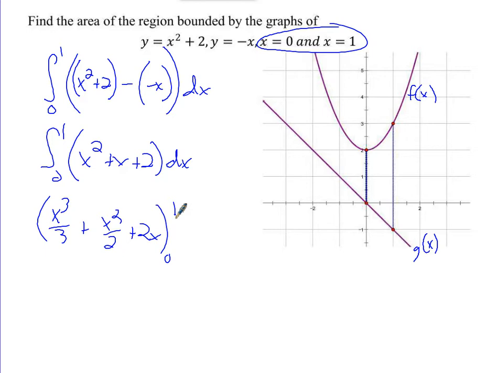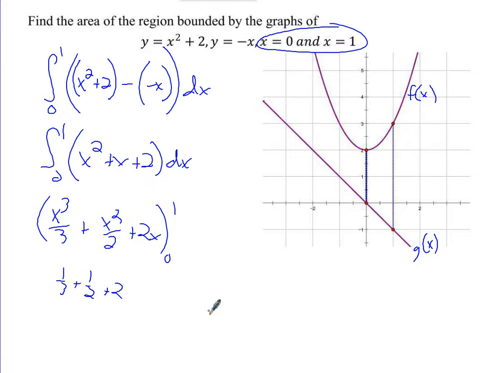0 will turn everything into 0. So we go upper minus lower. We have the upper that's going to do some stuff, but then minus a bunch of zeros, so that doesn't do anything for me. So I'm going to have 1/3 plus 1/2 plus 2 minus a bunch of zeros, so that just goes away. 1/3 plus 1/2 plus 2.